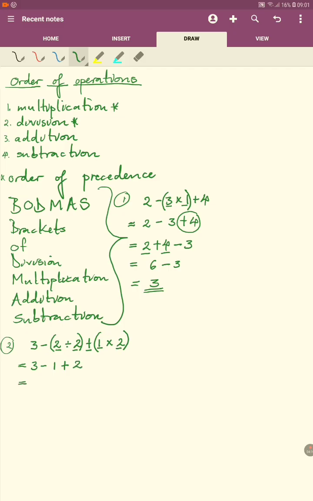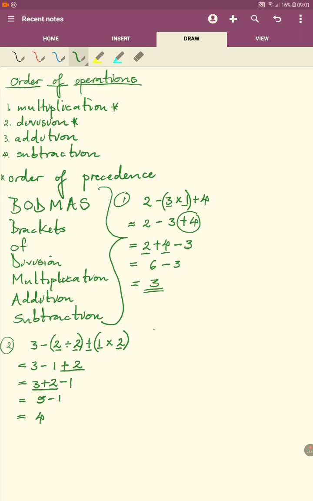And if you are adding first, you're going to move this plus 2 closer to 3 minus 1, and here you're going to get 3 plus 2 being equal to 5, minus 1, and you get your answer is 4.